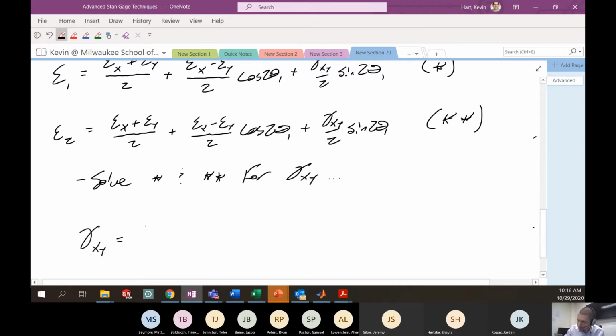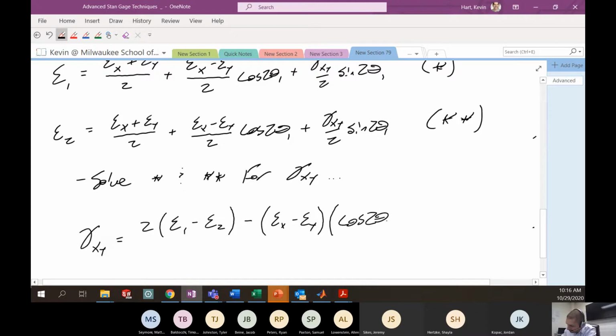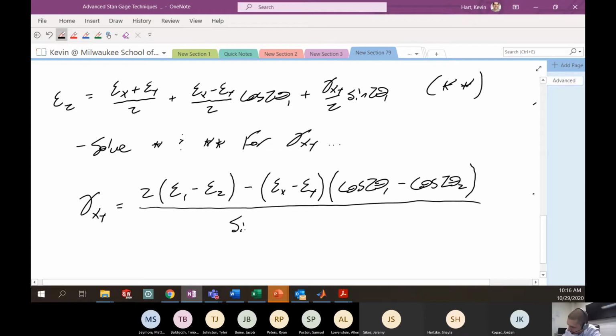Here, this is 2 times the quantity epsilon 1 minus epsilon 2, minus the quantity epsilon x minus epsilon y times cosine 2 theta 1 minus cosine 2 theta 2, all divided by some other angular terms, which is sine 2 theta 1 minus sine 2 theta 2.